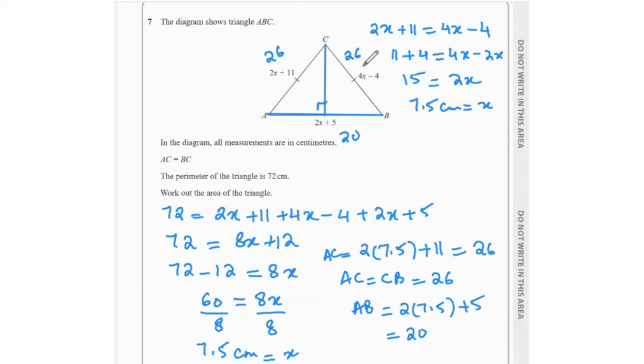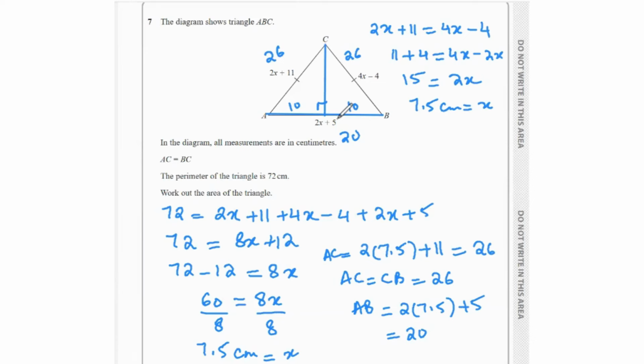As you can see, when you split the triangle into two equal triangles, because it's an isosceles, we get a right angle triangle. In a right angle triangle, when you're trying to find one of the missing lengths, we use Pythagoras. Over here we have this as 10, this as 10, this as 26, and this as 26. So we need to find this perpendicular height.